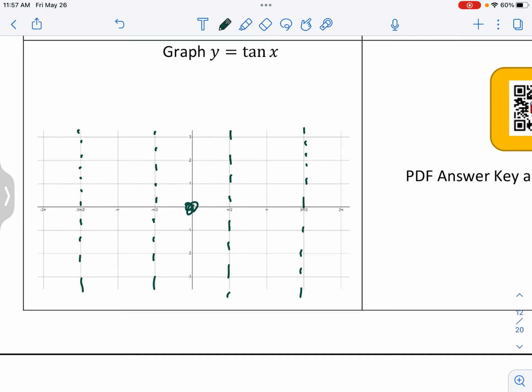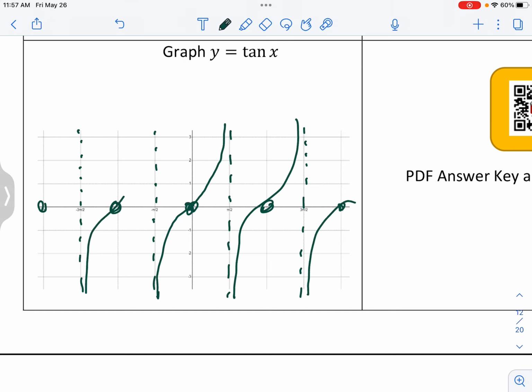We cannot have tangent at those values. So we're going to cross over at 0, pi, -pi, 2 pi, and so on. And our graph is going to start on the bottom up against that left vertical asymptote line and then go up to the right. So it looks something like this. And of course, it just repeats itself forever and ever.